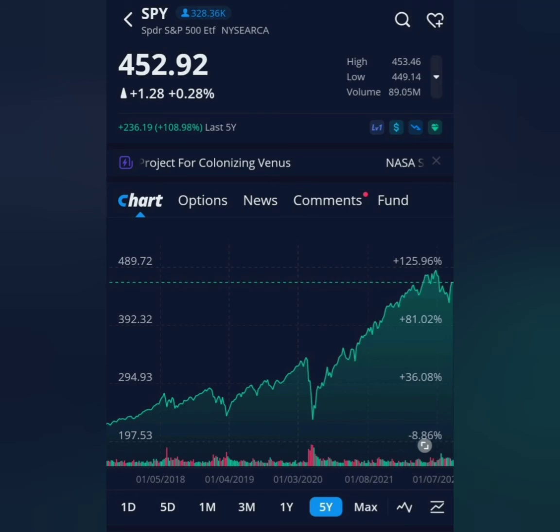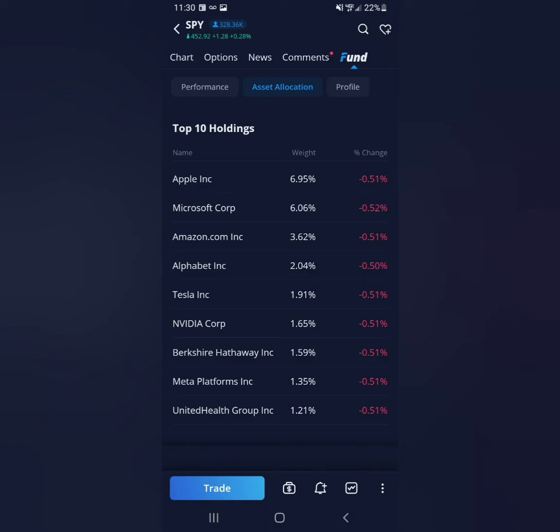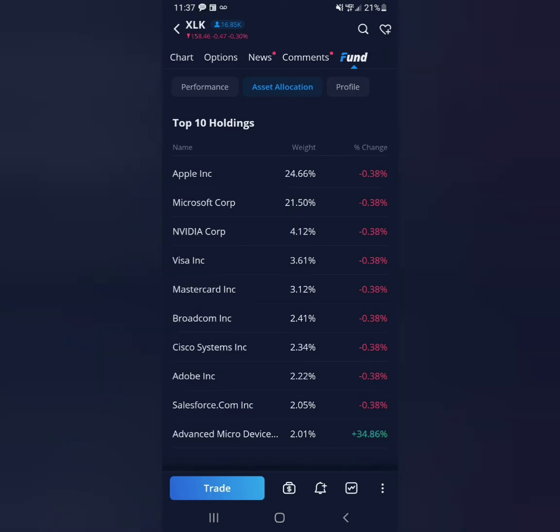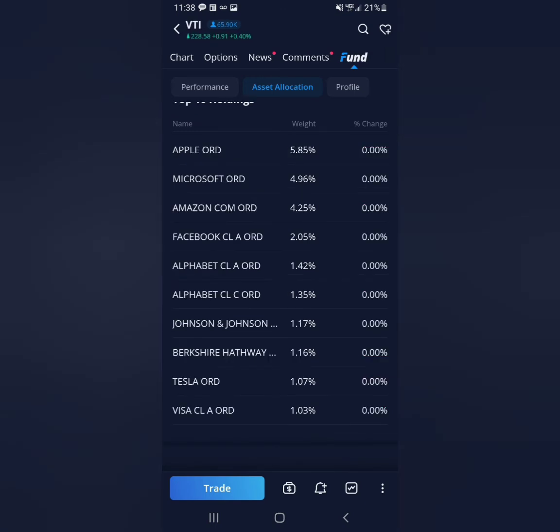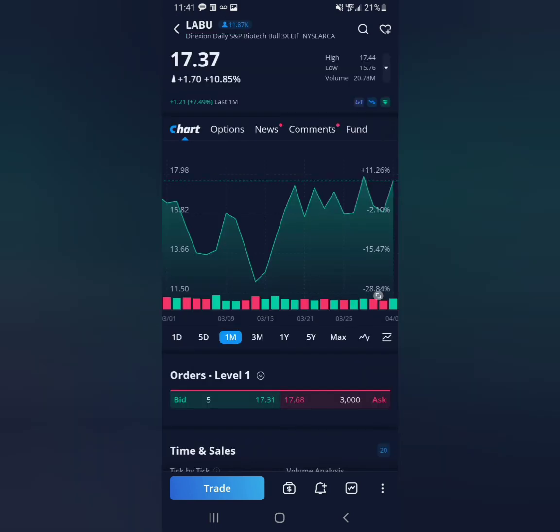Now, there's a lot of other funds that aren't these major popular ones. For example, there is XLK, which is a technology fund that follows a variable number of technology stocks. There's also Vanguard's Total Market Index Fund, which basically follows a lot of stocks that they consider representative of the overall market.